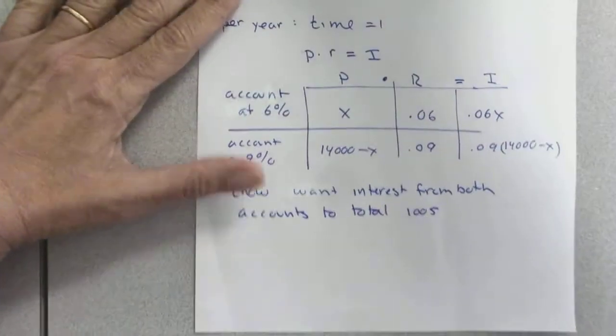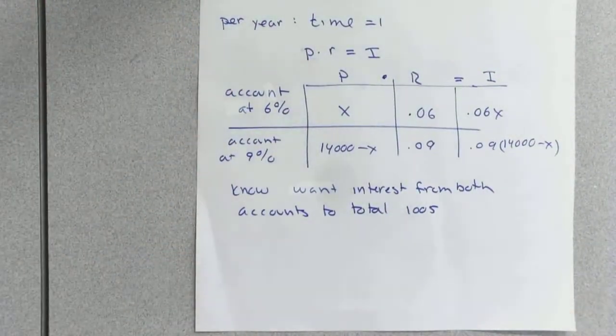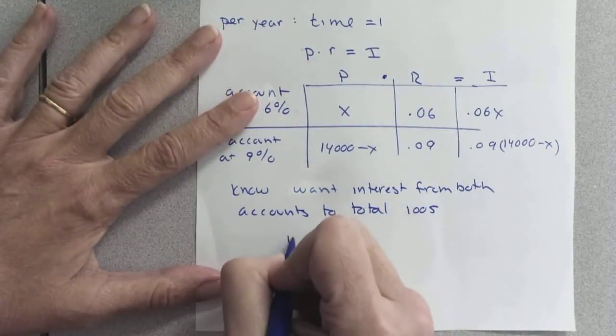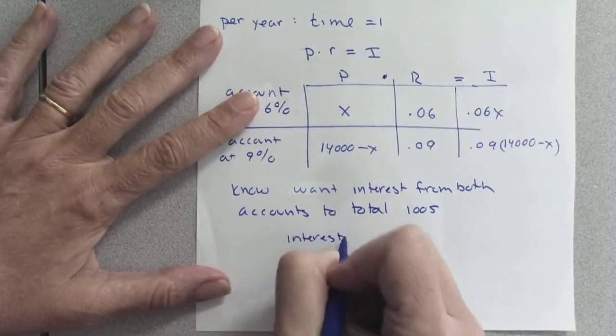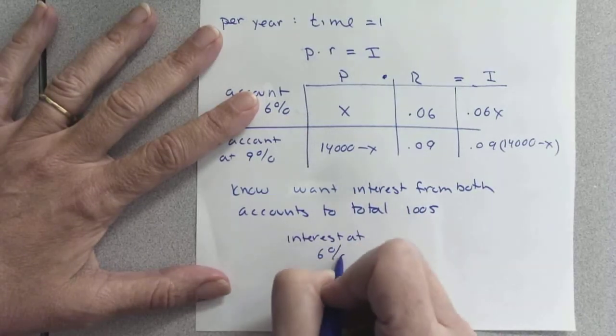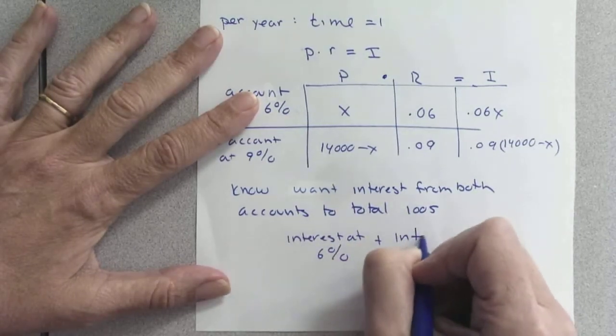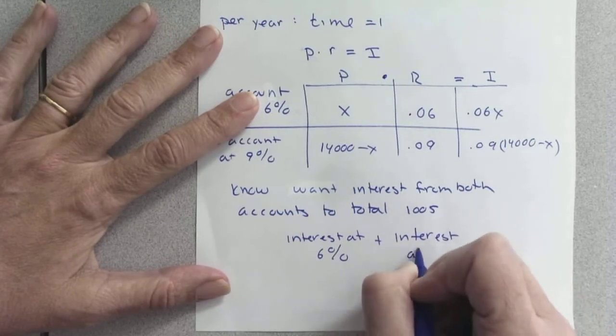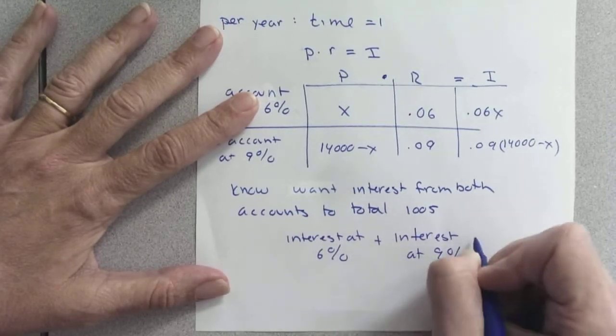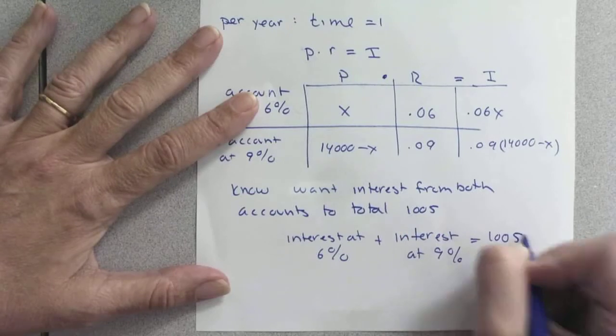And so what that is saying is the way I total something up is to add them together. So the interest at 6% plus the interest at 9% should equal that 1,500.